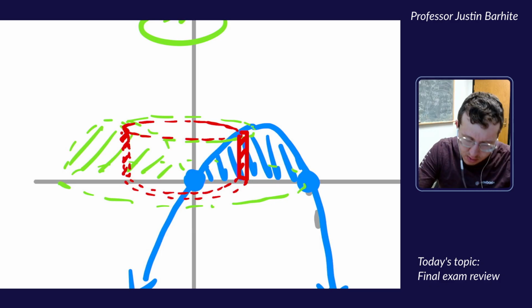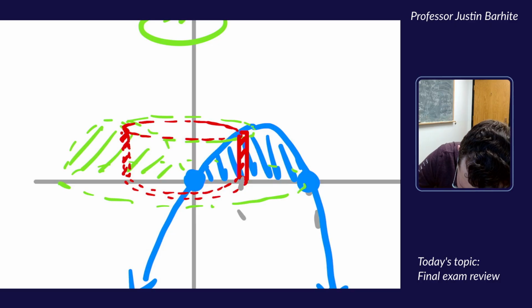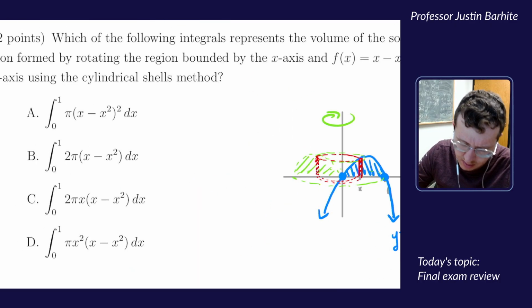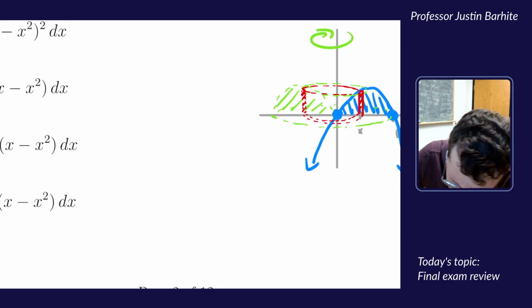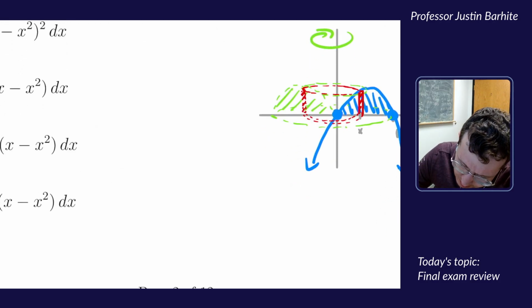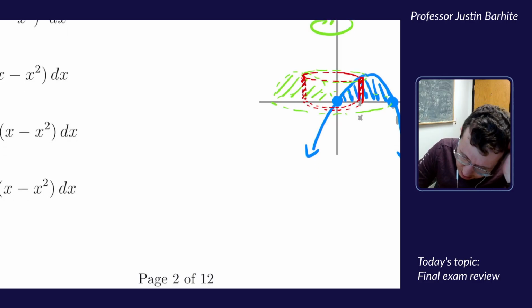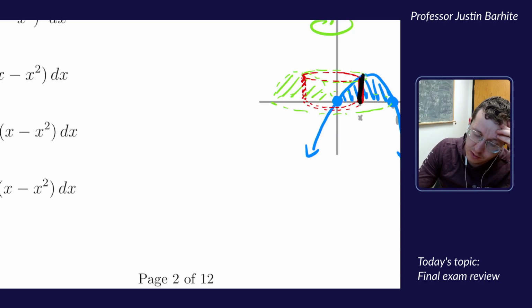Okay, so if this is x, I'm going to think about the volume of that cylindrical shell. And the way we think about that is if we sliced it open and then unwrapped it, it would essentially be a rectangular prism.